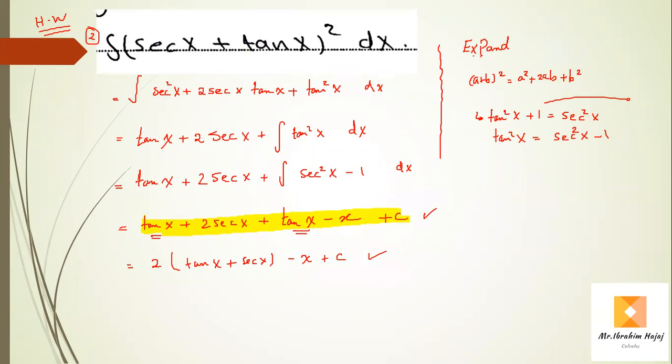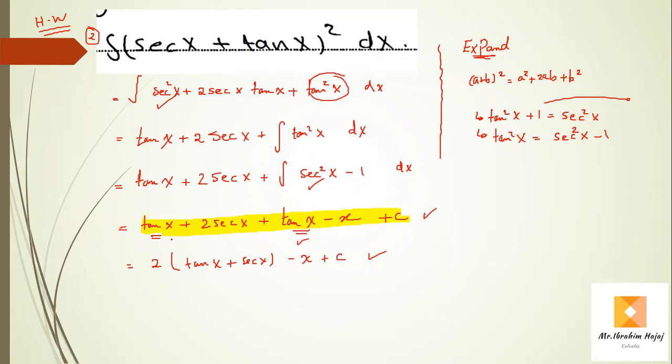We expanded first, guys. Then we found the integral of sec squared, which is tan. The integral of 2 sec tan is 2 sec. For the integral of tan squared there is no rule, so we worked with an identity: we replaced tan squared x by sec squared x minus 1. The integral of sec squared is tan x, and the integral of 1 is x.